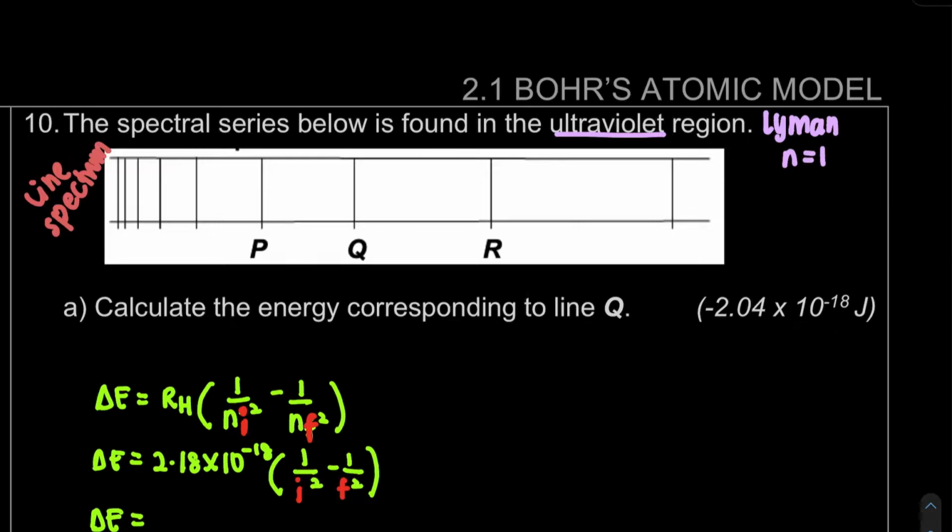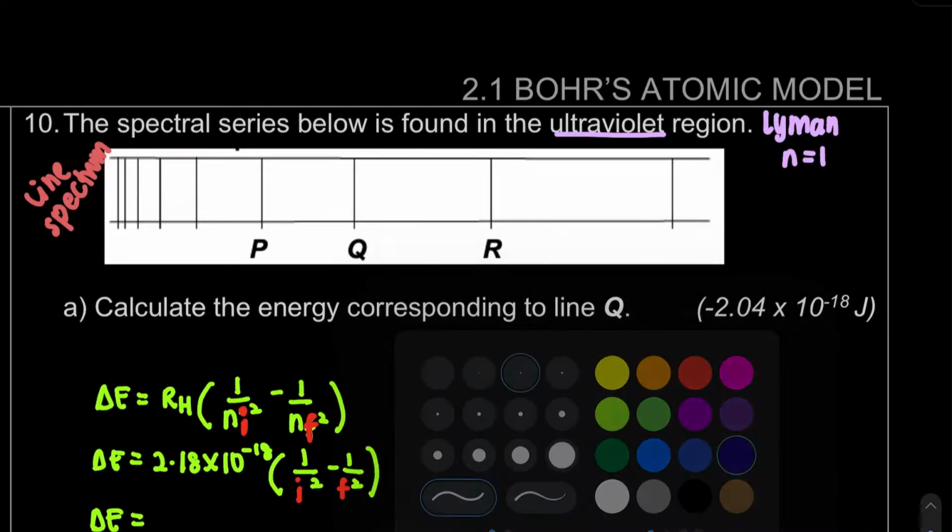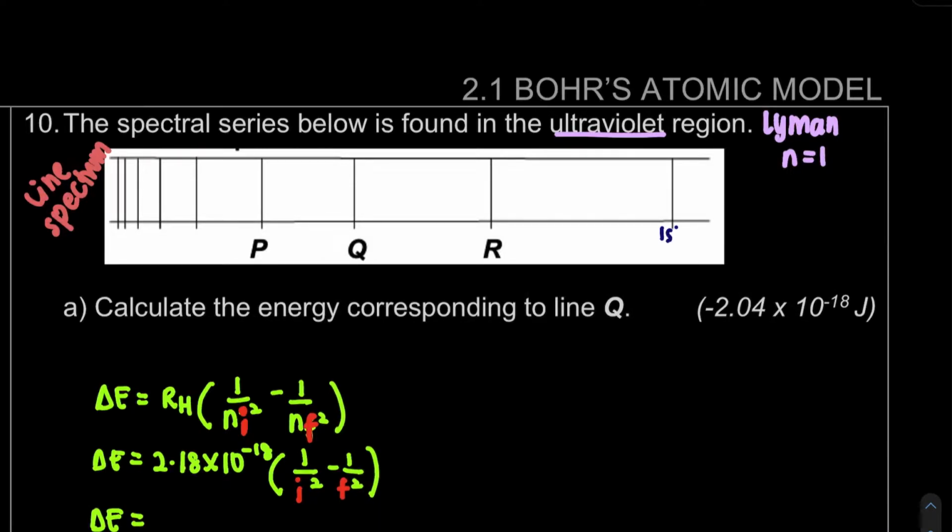If this is my first line, R will be my second line, Q will be my third line, P will be my fourth line, the one next to P will be my fifth line, and so on.